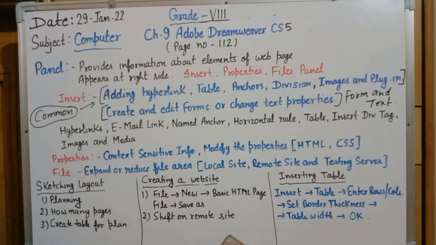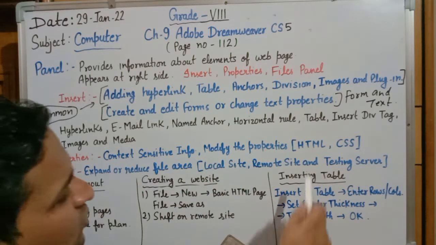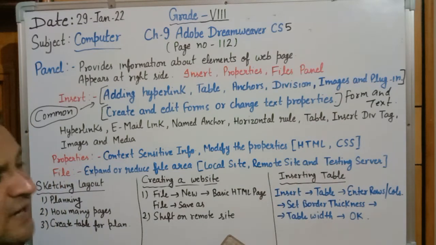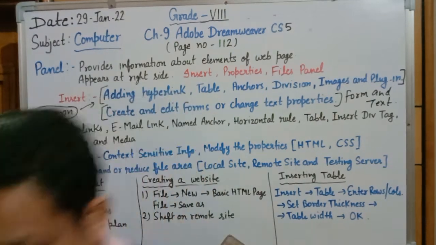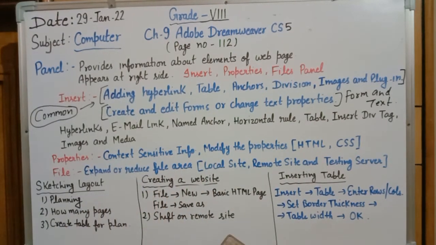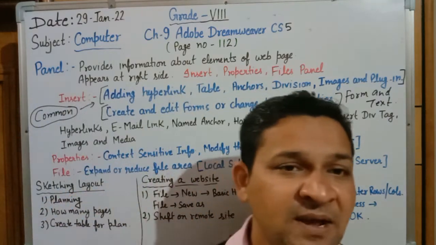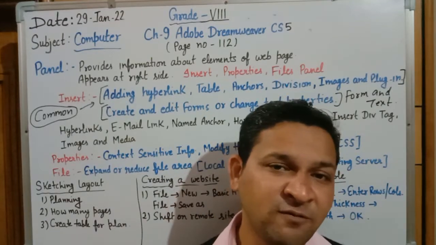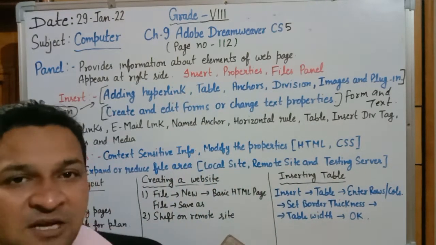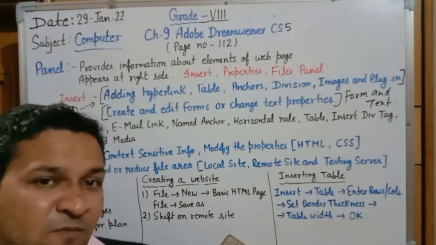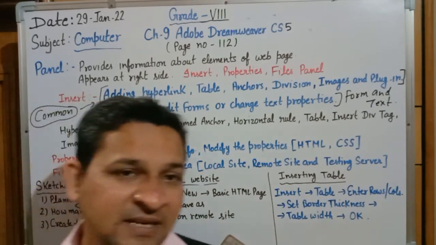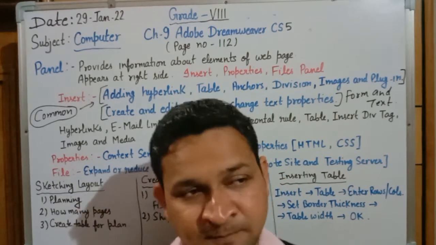Properties can be modified in two modes, HTML mode and CSS mode. Generally, it works on two different editing options: one related to HTML, the second related to CSS. The full form of HTML is hypertext markup language, and the full form of CSS is cascading style sheet.